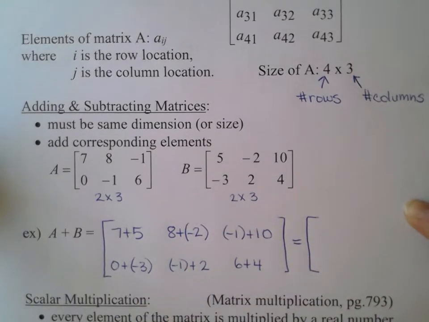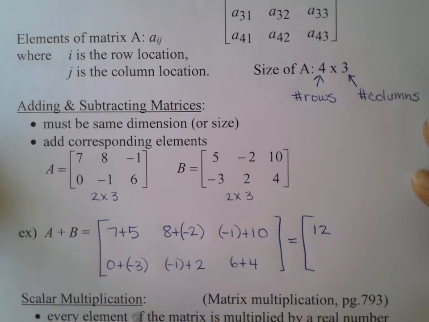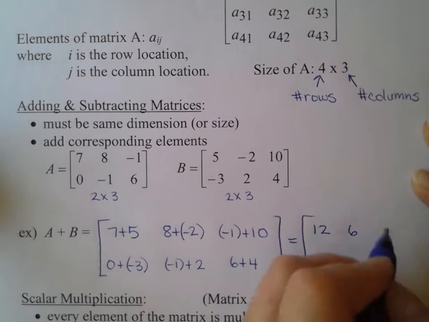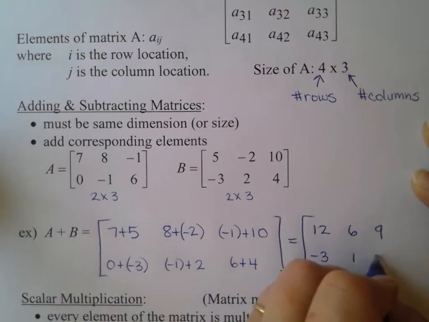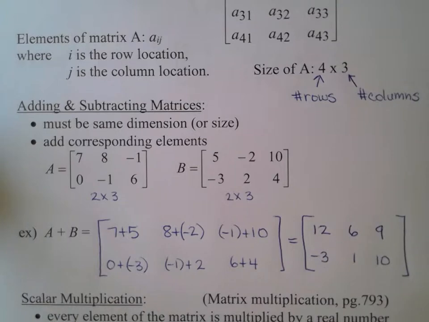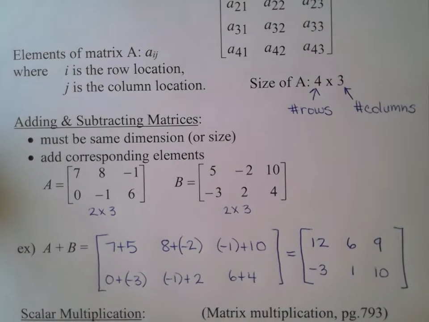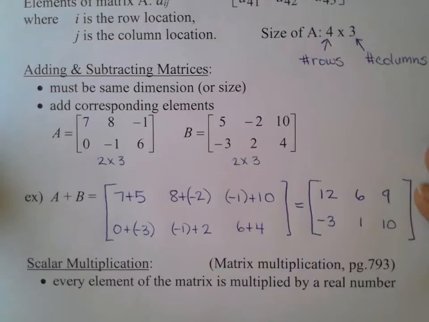And when I add them up, the result I get is a matrix of the same size. So I'll have 12, 6, 9 in the first row, -3, 1, 10 in the second row. Okay, so to add or subtract, we would do that in the same fashion, and we would just add the corresponding elements, right? Each of the elements that are in the same location.